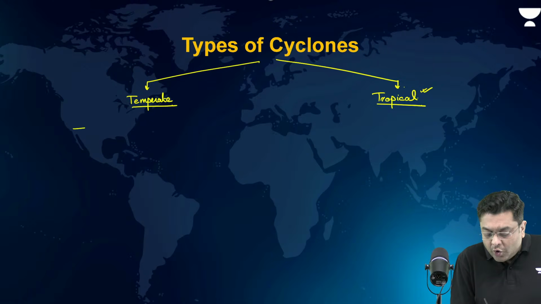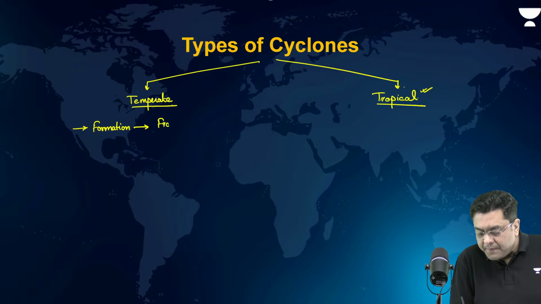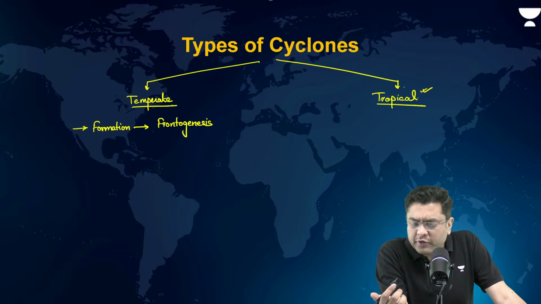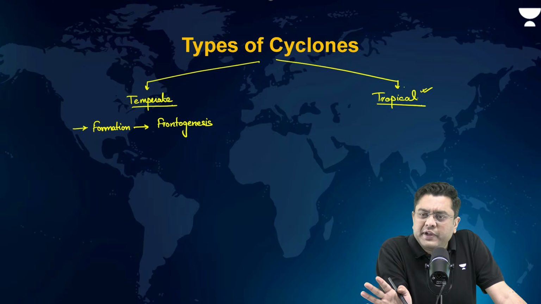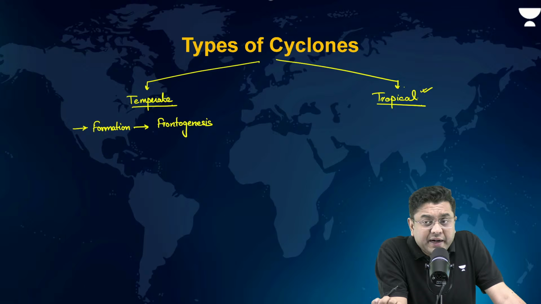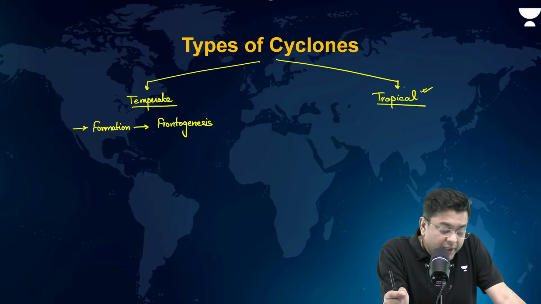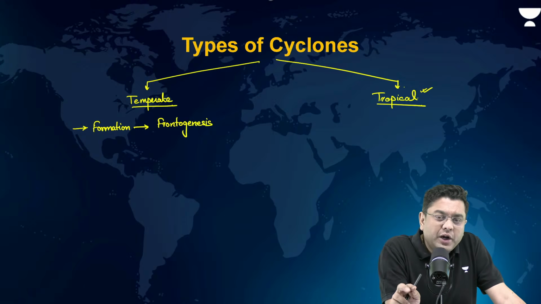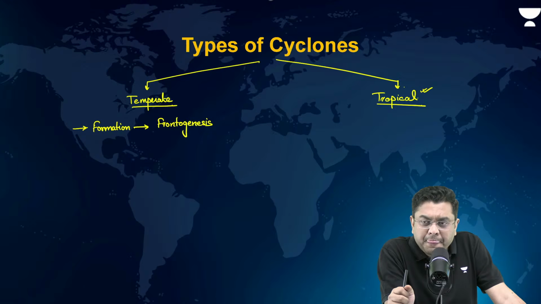Temperate cyclone will always be formed because of frontogenesis. Now, in frontogenesis, guys, the low pressure which will be created, after all, cyclone is always going to be associated with low pressure. High pressure is anticyclone. Now, frontogenesis, the low pressure created in frontogenesis, is it a thermal low pressure or is it a dynamic low pressure?